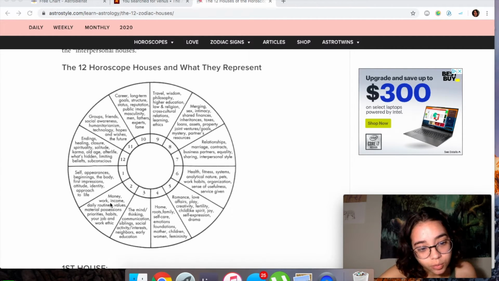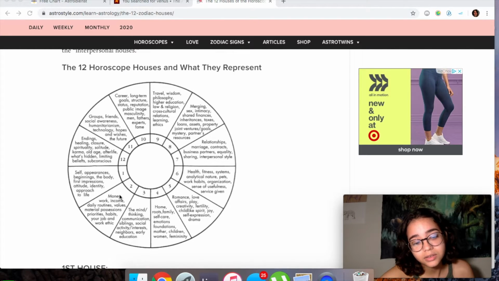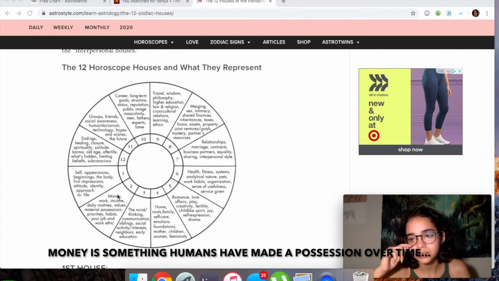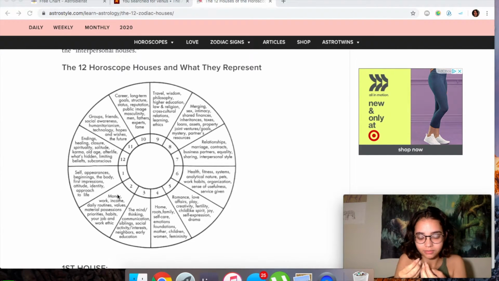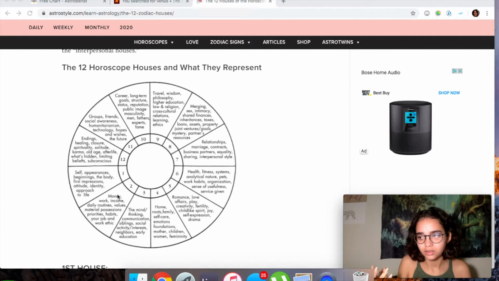Second house, money, work, income, daily routines, values, material possessions, priorities, habits, your job, and work ethic. A lot of people relate this house to money, but the thing is, before even physical money was a thing, it was, as they call it, the cosmic currency.